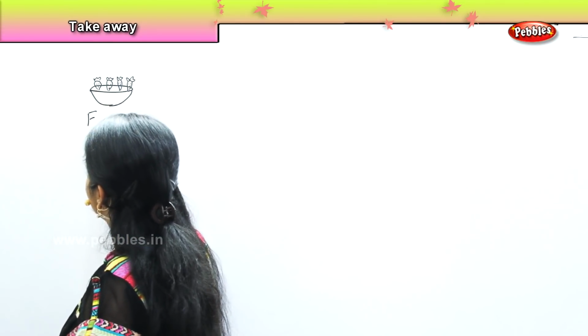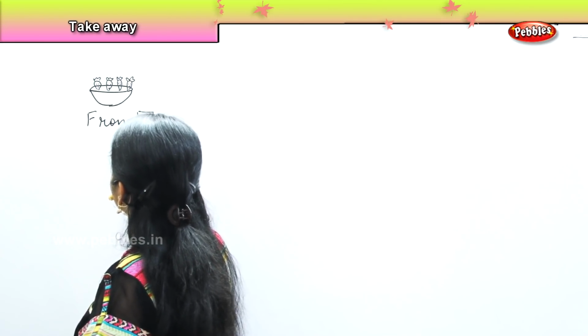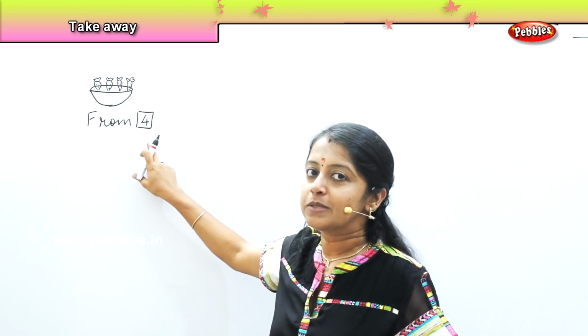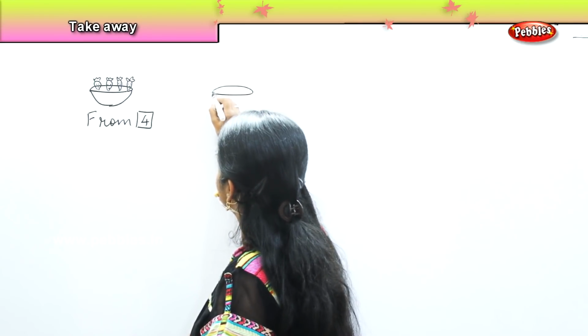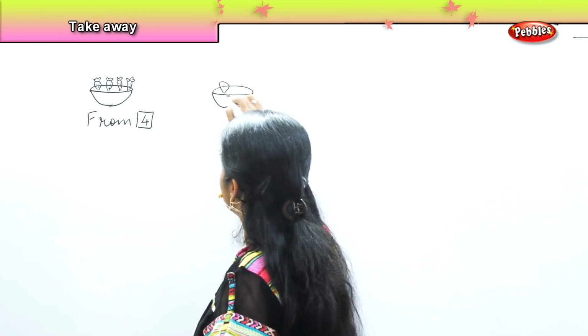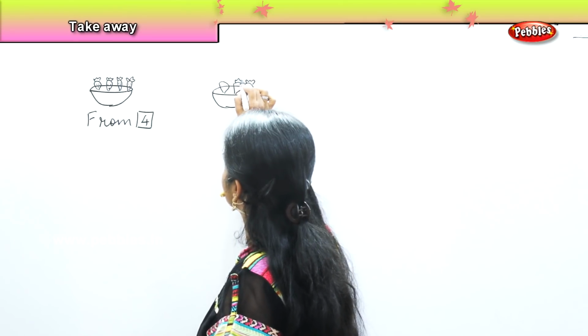So, I will write here from, what is the number? 4. Okay, which means that there are 4 strawberries in this particular bowl. Now, suddenly a small little child comes in and she takes 1 strawberry away from this lot.